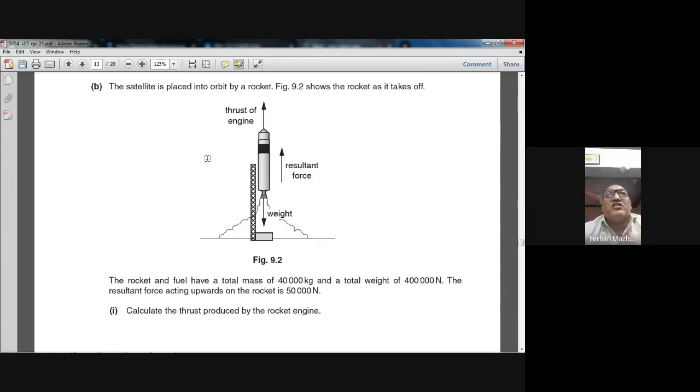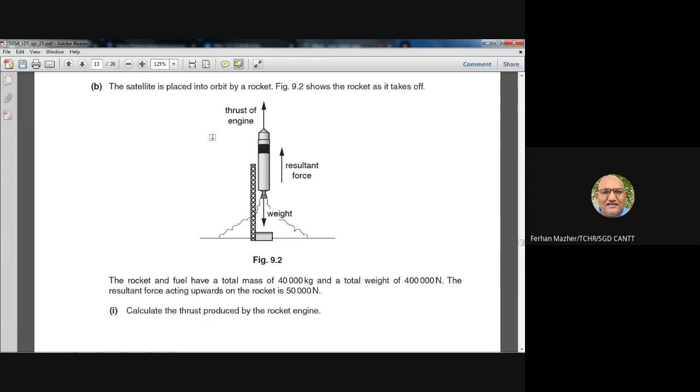Calculate the thrust produced by the rocket engine. Okay, so the thrust which the engine should produce should overcome the weight, plus it should provide the force for the upward motion.